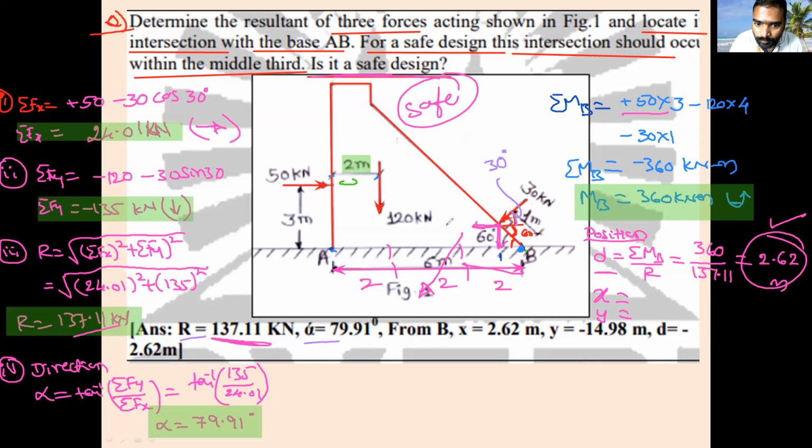Do you know this distance? No sir. So moment means force into perpendicular distance. This force is horizontal, I know that is 30 cos 30, but I don't know the value of D. The vertical component is 30 sin 30. I know that, but I don't know the distance from A to this force. So what do we have to do?